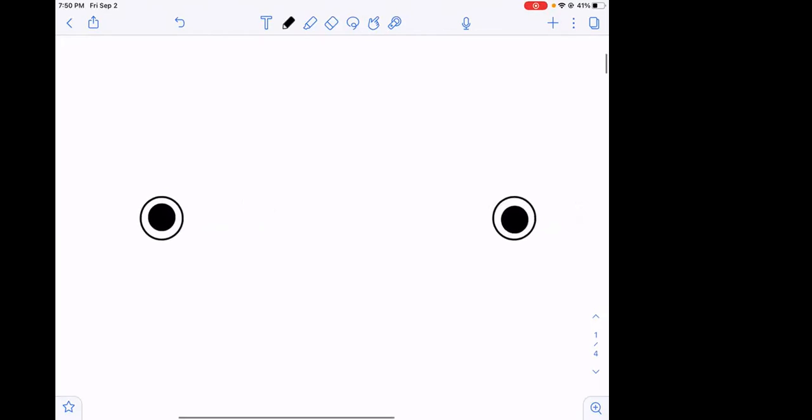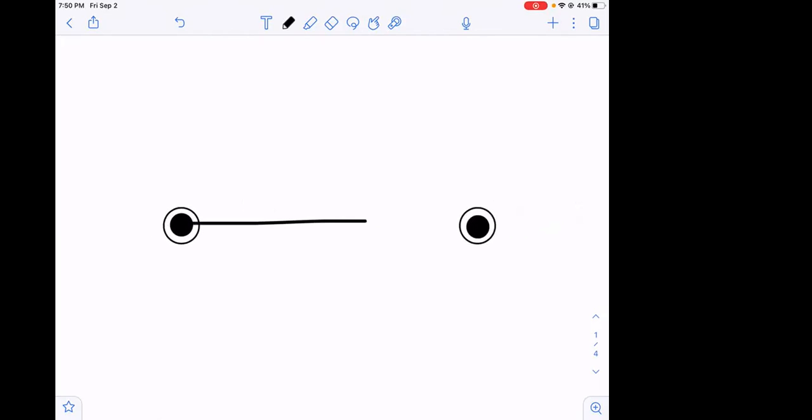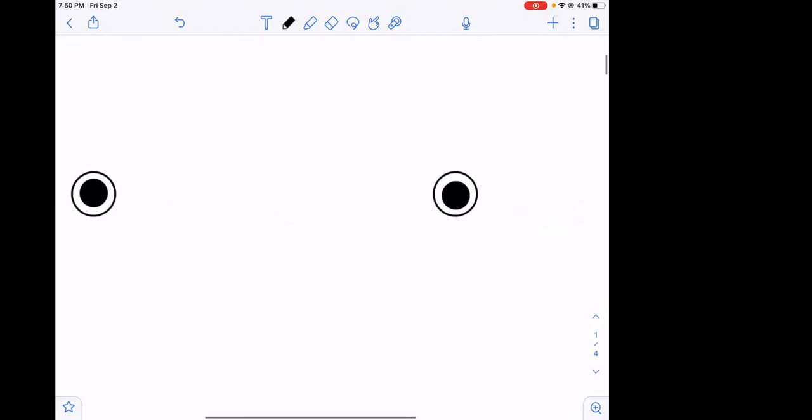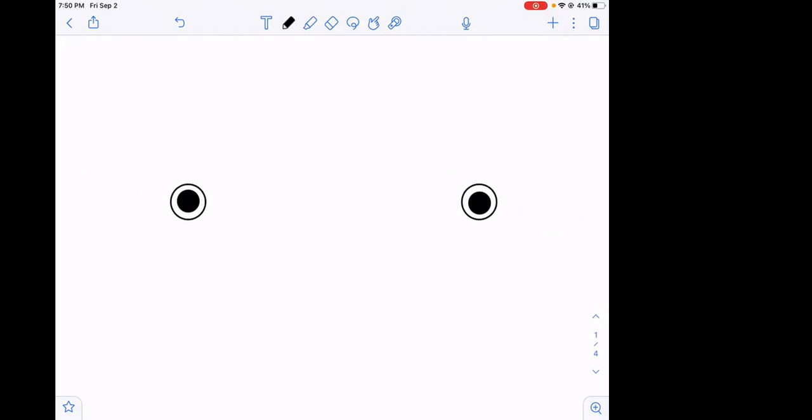So if we just look at these 2 points and we connect them together, then, okay, so how about this? Why don't each of you just try to think of a move that is possible in this case? So Joyce, can you think of a move that is possible in this case?